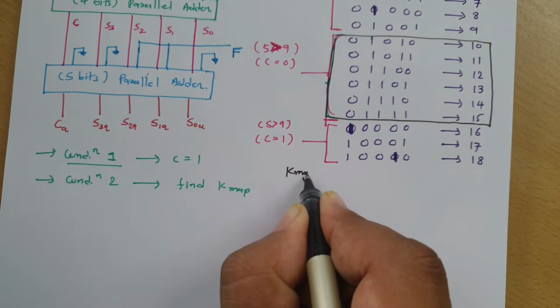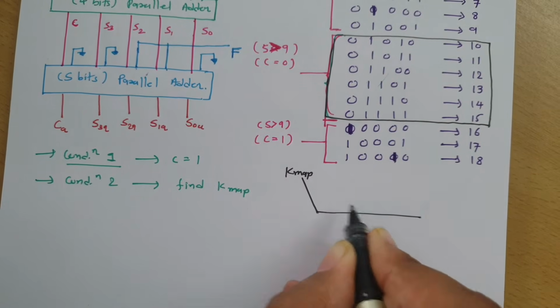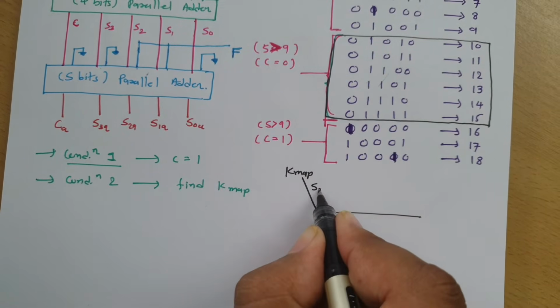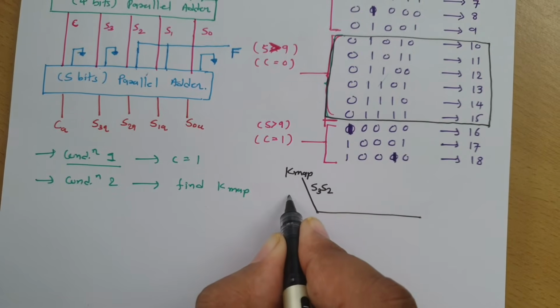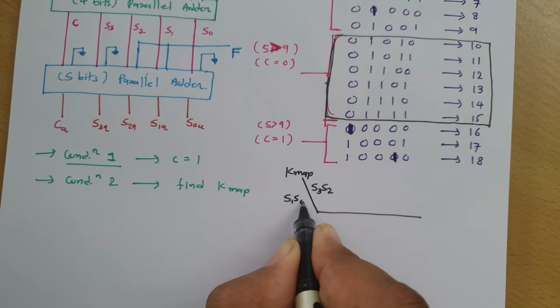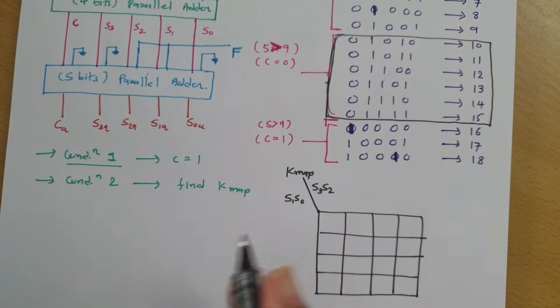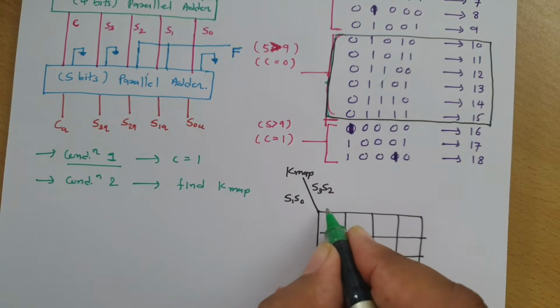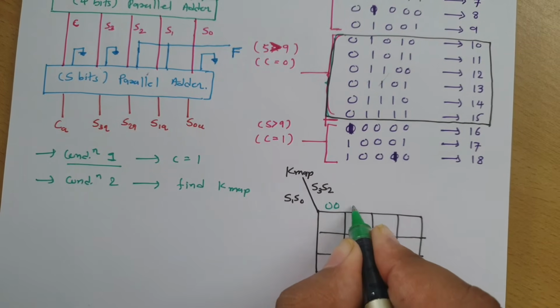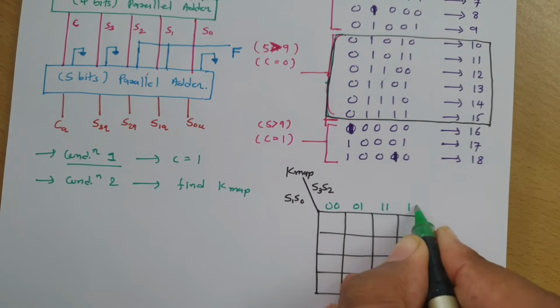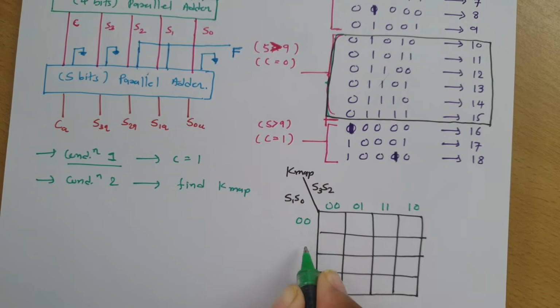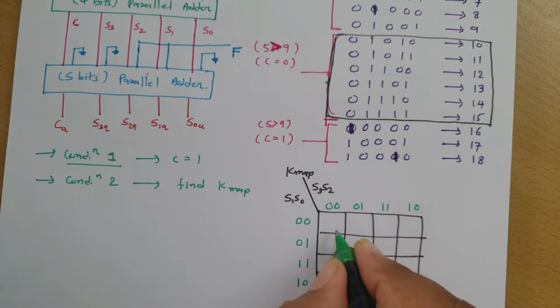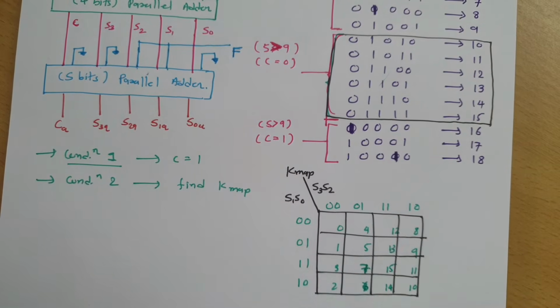Let us say this is the K map condition. Here S3, S2 is there, and here S1, S0. So if you observe locations, over here it is 0 0 0 1 1 1 1 0. Over here it is 0 0 0 1 1 1 1 0.